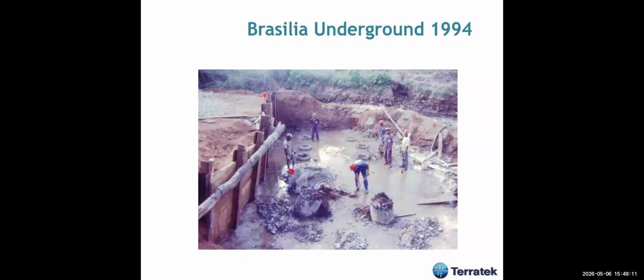I was consultant to the client, to the owner, the Brazilian underground system, and I advised them not to use those piles because they had moved with this displacement. Some of these piles, especially here, had moved. This is another project where I was also consultant.